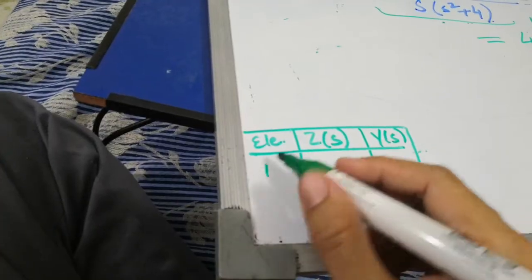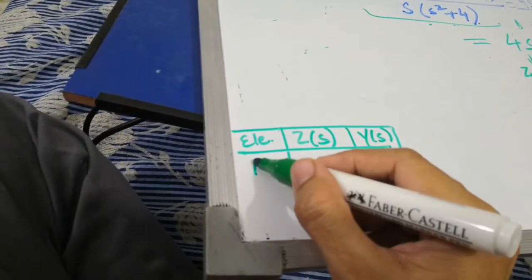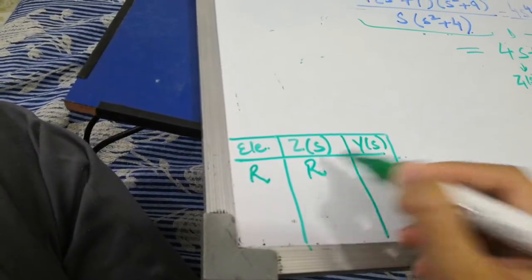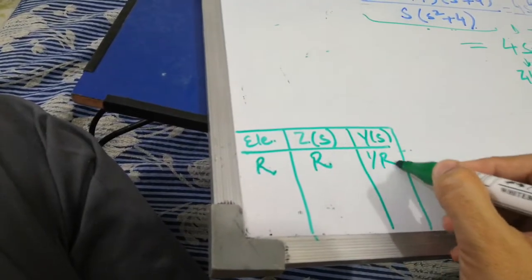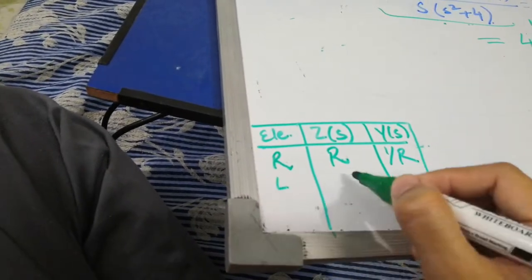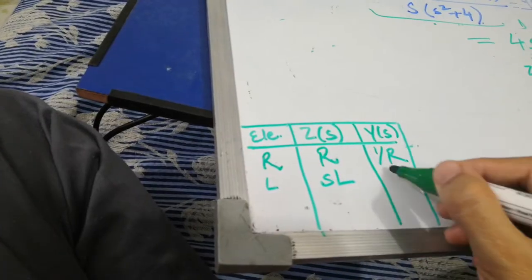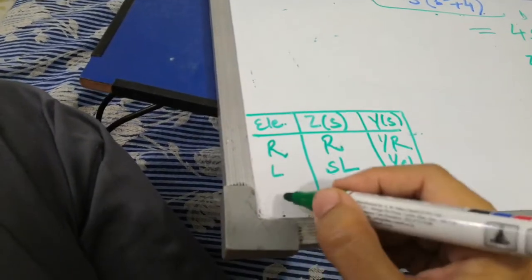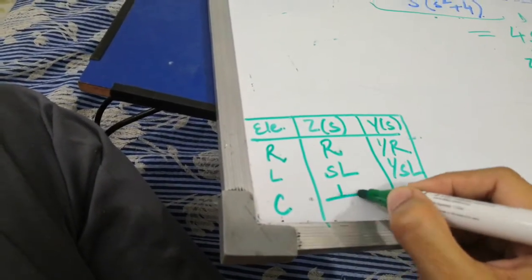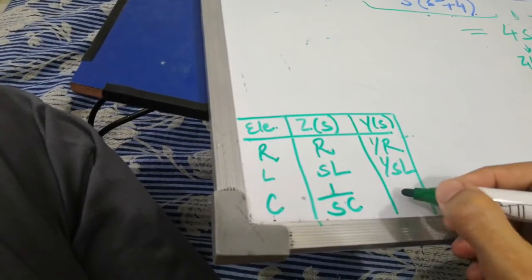If it is your resistance, that is taken as R, so here it will be 1 by R. If this is your inductor, it is taken as sL here, 1 upon sL here. If the capacitor is there, impedance form 1 upon sC, and in this form it is sC.